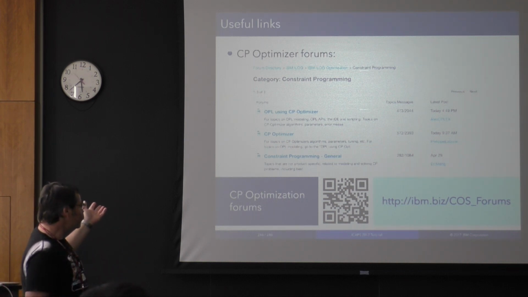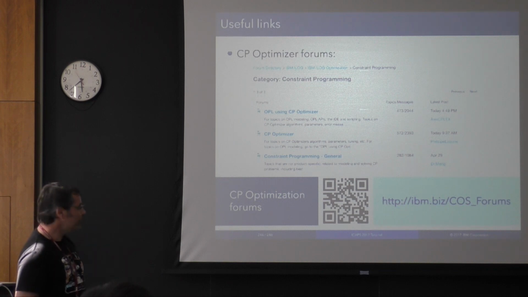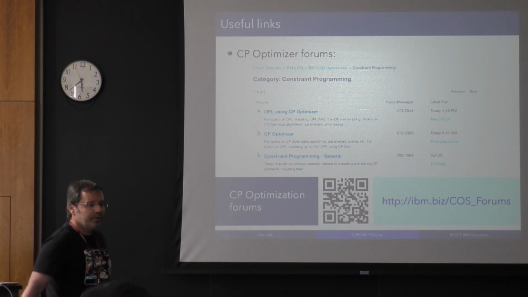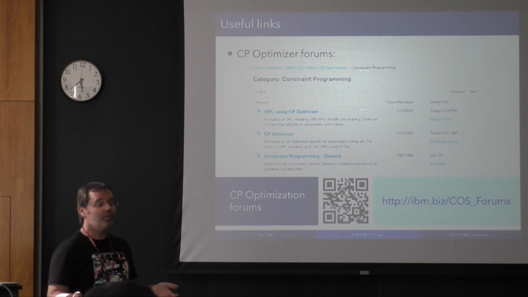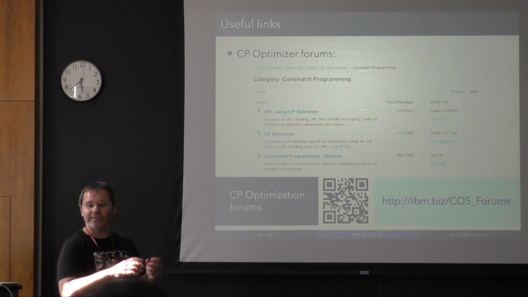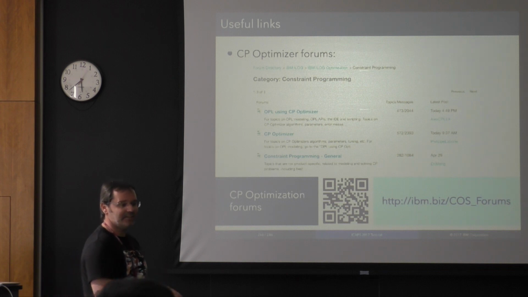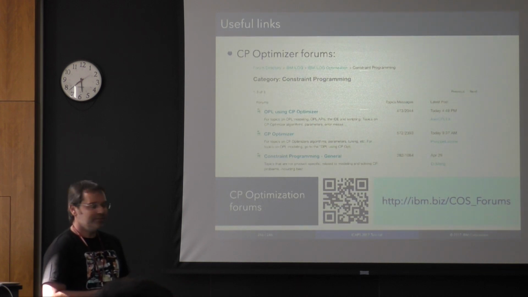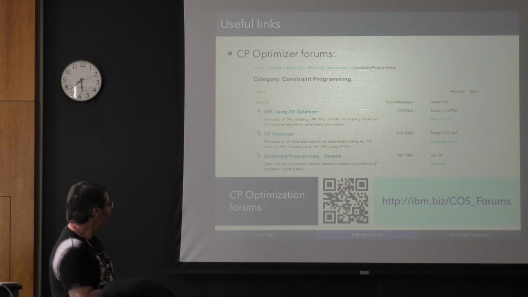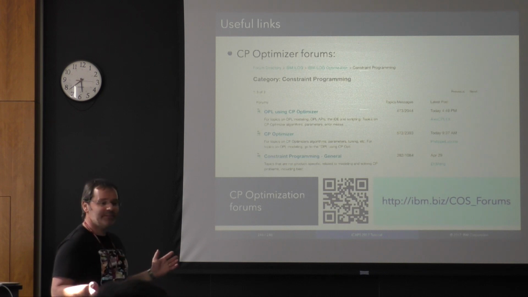There are also forums for CP programming. They are quite active. There you can ask any questions and get support from us, because we always make sure that each question asked there is answered, either by us or by someone else. You see that I even participate in this. So that's it.